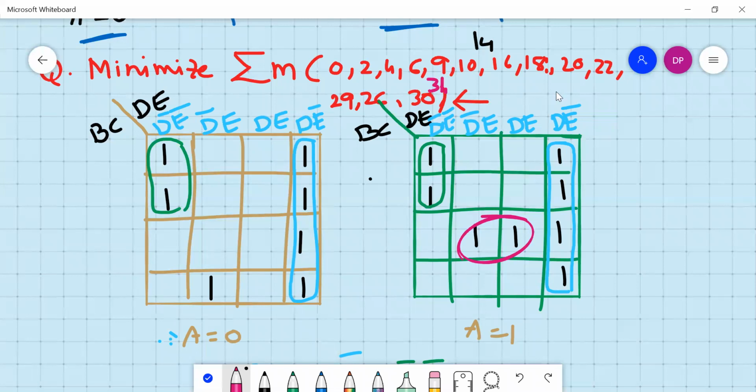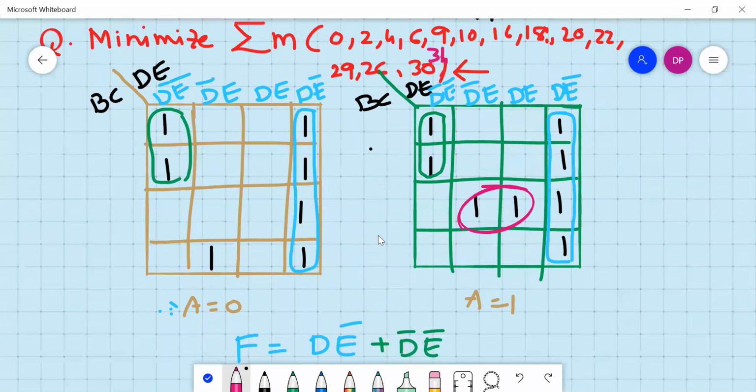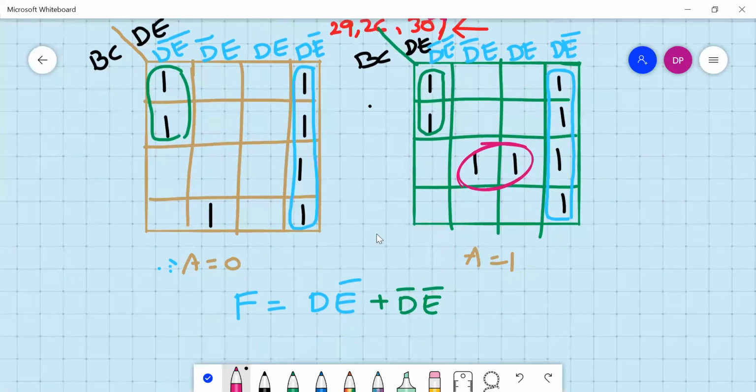So what will be the answer for this? A is common. And E. What about this? Here you have B complement, C complement, you have B complement C, you have BC, you have BC complement. Now tell what is common.